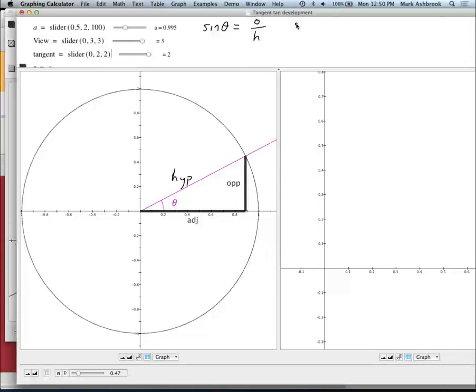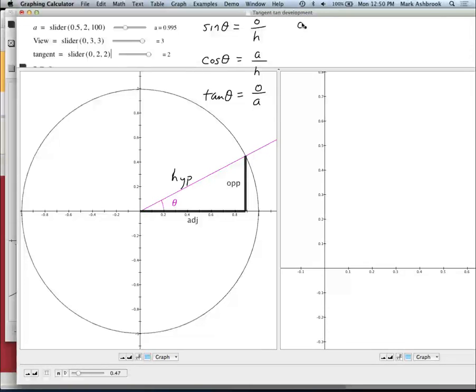And then cosine theta. Okay, please don't pack up. Can you just hold on for 1 second? Thank you. Cosine theta is adjacent over hypotenuse, and tangent theta is opposite over adjacent.